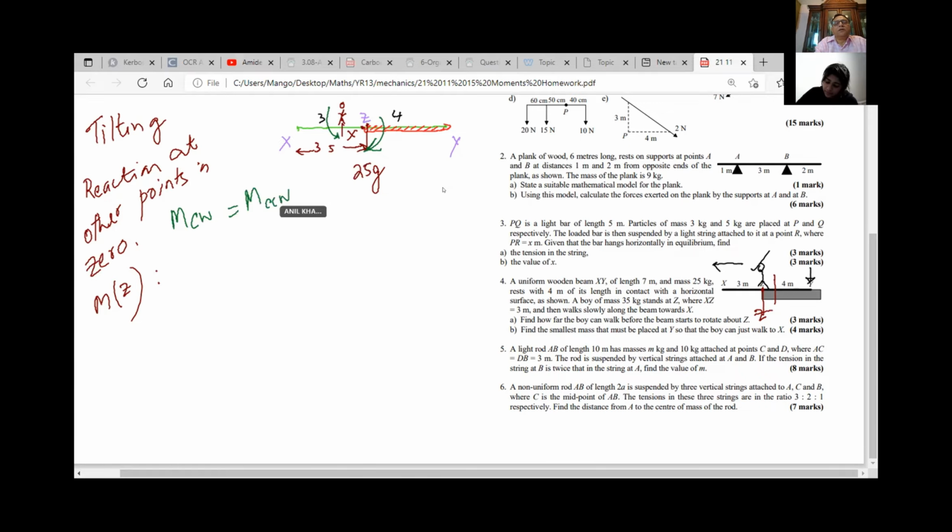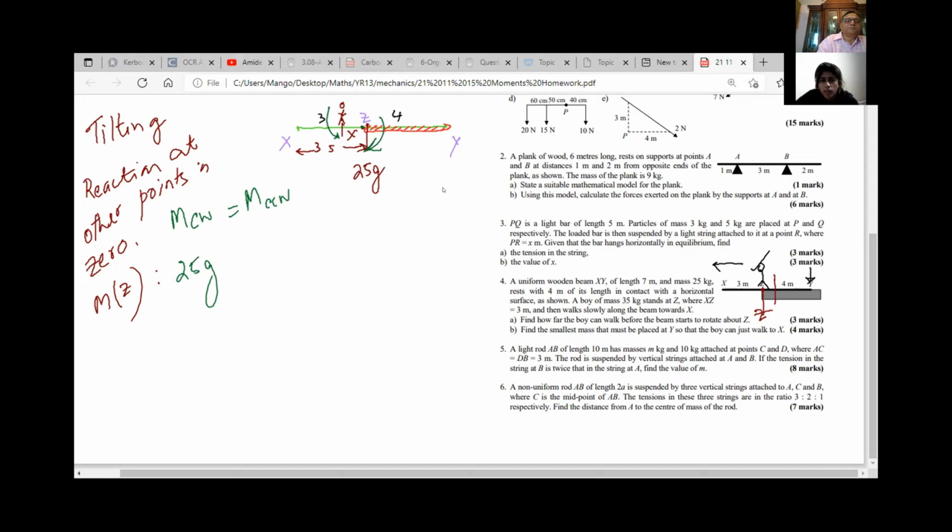The clockwise moment here is due to the weight, which is 25 g, and the distance is 3.5 minus 3, since Z is at 3, so the distance is 0.5.